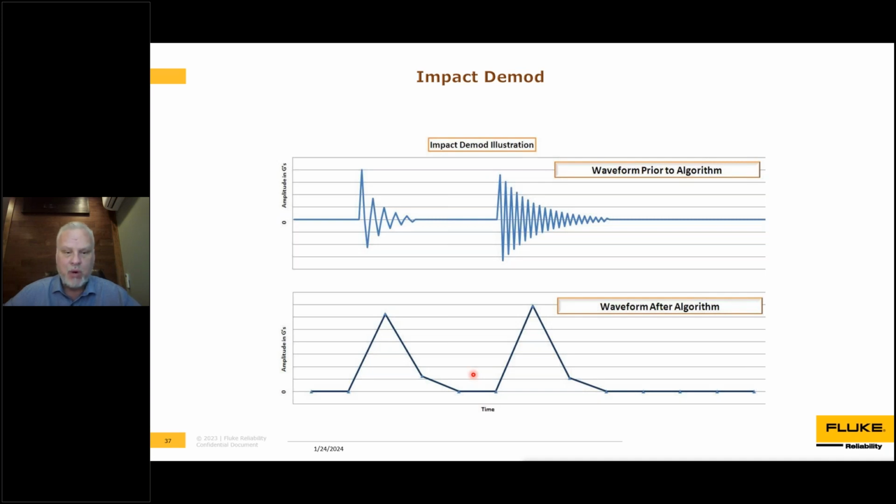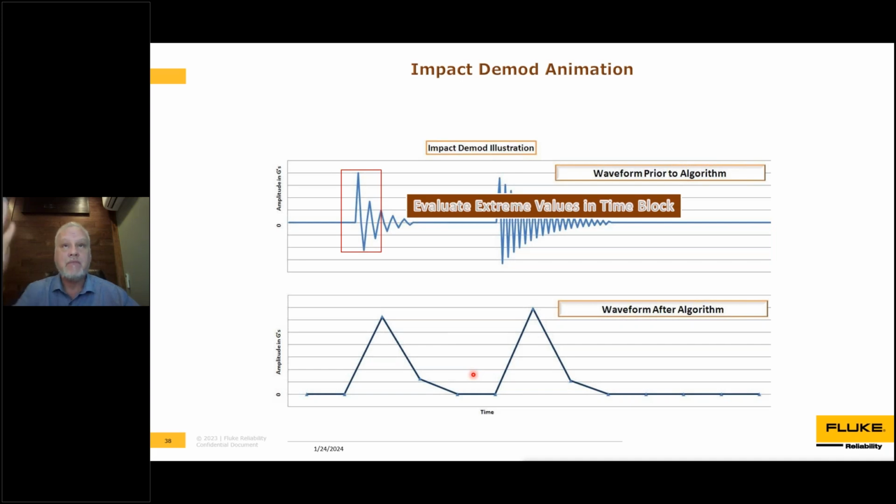It doesn't then require any additional anti-aliasing because the methodology more or less has that Nyquist criteria built into it. So by default, it is immune to those low pass filters that would need to be in the final step. So again, showing here that we evaluate extreme values in that original raw data.